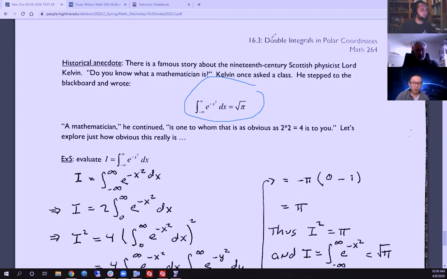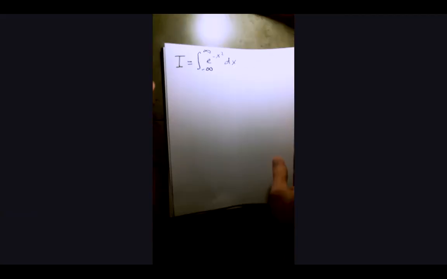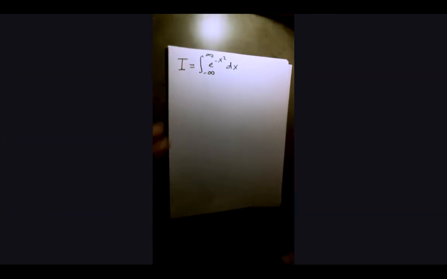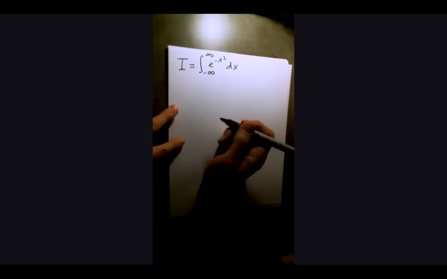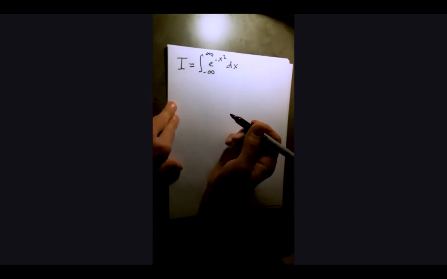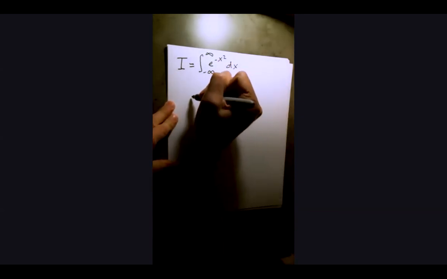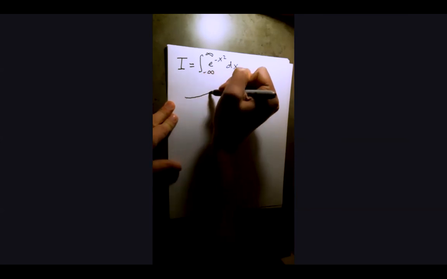This one is worth working out by hand, and there's definitely some subtlety here. Oh my gosh, integral from negative infinity to infinity of e to the negative x squared dx. Let's start by drawing a picture because maybe you don't know what this thing looks like.